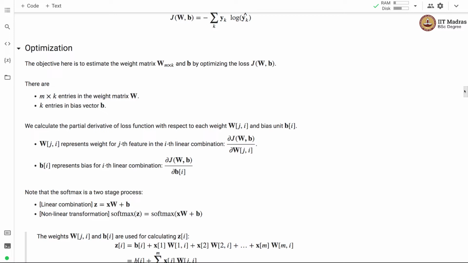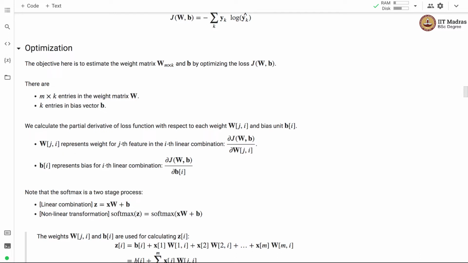Now we are going to calculate the partial derivative of the loss function with respect to the weight and bias units. Let's say W of j comma i represents the weight for the jth feature in the ith linear combination. So we will be calculating the partial derivative of the loss function with respect to W of j comma i.